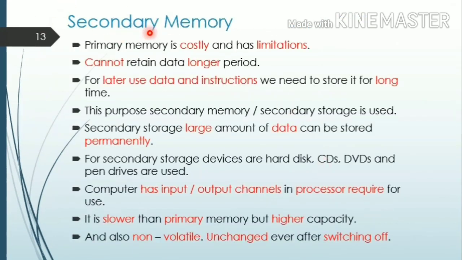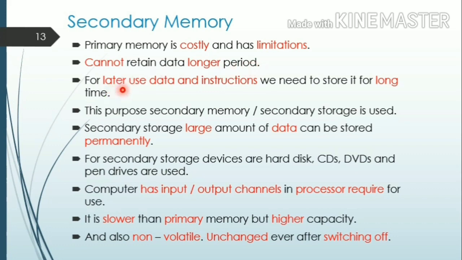Now secondary memory. The second type of computer memory is secondary memory. Primary memory is costly and has some limitations. We know that it has very little storage and we can't save things for a longer period. RAM and ROM cannot hold data for a longer period. In RAM, data is wiped after switching off the computer.